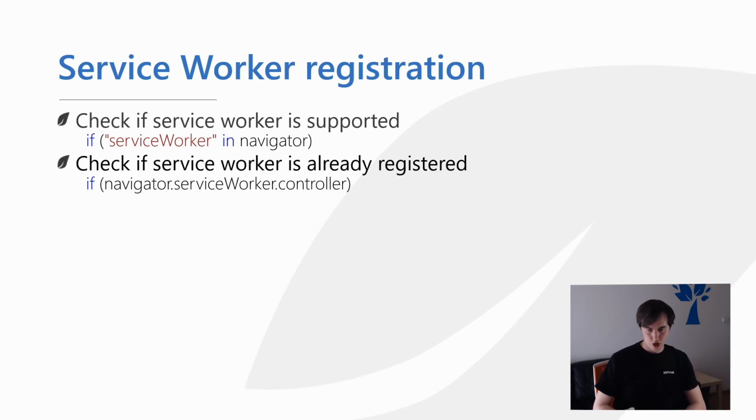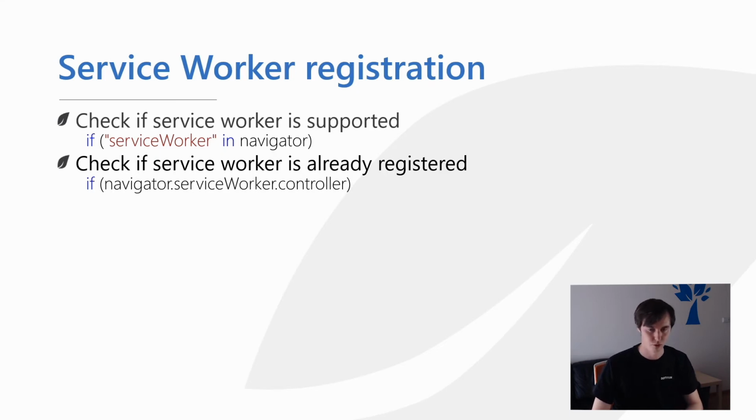Then you can check if the service worker is already registered. So if this is not the first time that the user is visiting your site, and if the service worker hasn't changed in the background, so once it changes, you want to update it, but until it changed, you want to have it running and you don't want the user to constantly update the service worker.